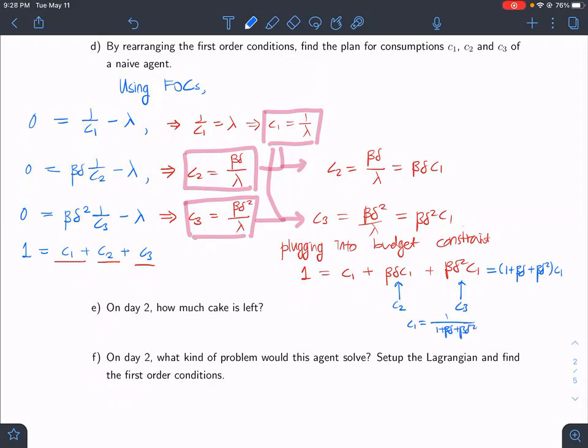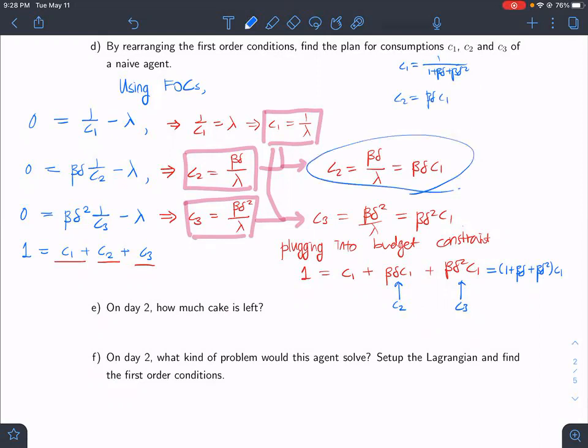Any questions? Okay. And then C2, let me migrate to here. Now C2 is beta delta times C1 by what we did here.